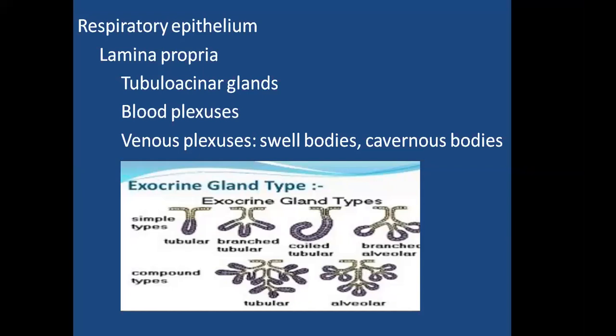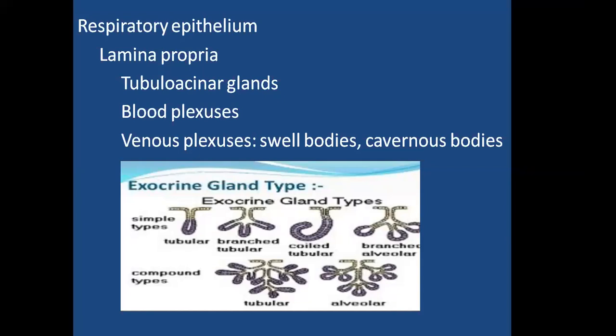Now I am repeating again that the nasal cavity consists of the respiratory epithelium and lamina propria. The lamina propria is the loose connective tissue which consists of simple tubuloacinar glands, and they are seromucous in nature.